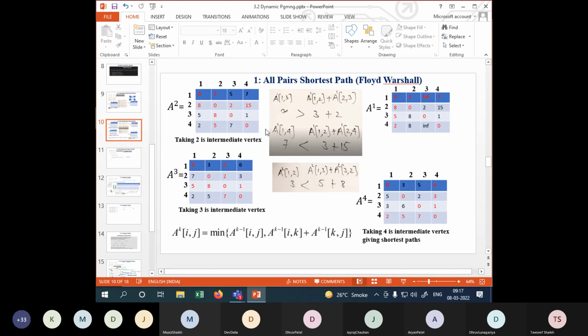We have to find A 4 comma 3 here, and that will again be equal to A1 4 comma 2 plus A1 2 comma 3, and once we found that value from this matrix, find this value, find this value. Okay, you can directly look at the matrix and find this value.